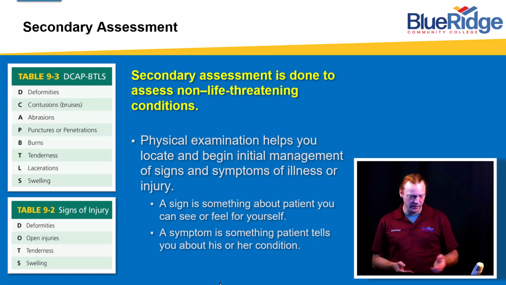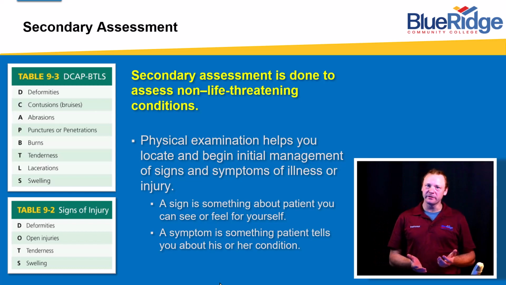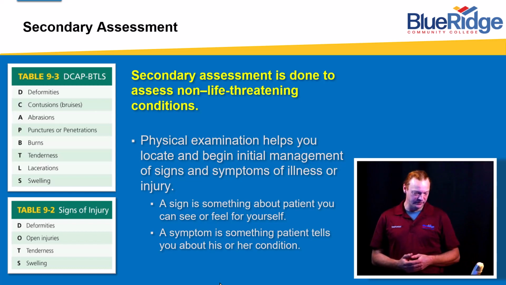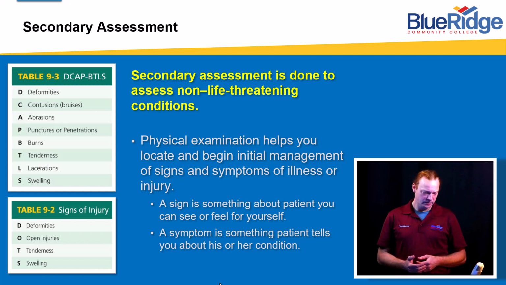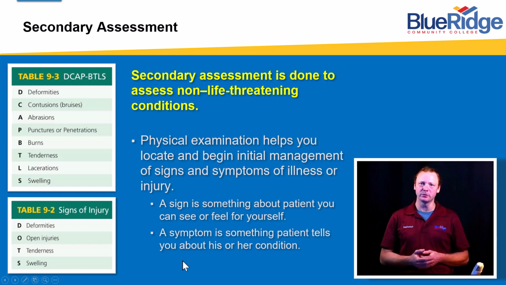For signs of injury, you can also use DOTS: deformities, open injuries, tenderness, and swelling. Like I said, this is more for traumatic injuries, but it can be used in medical situations as well.